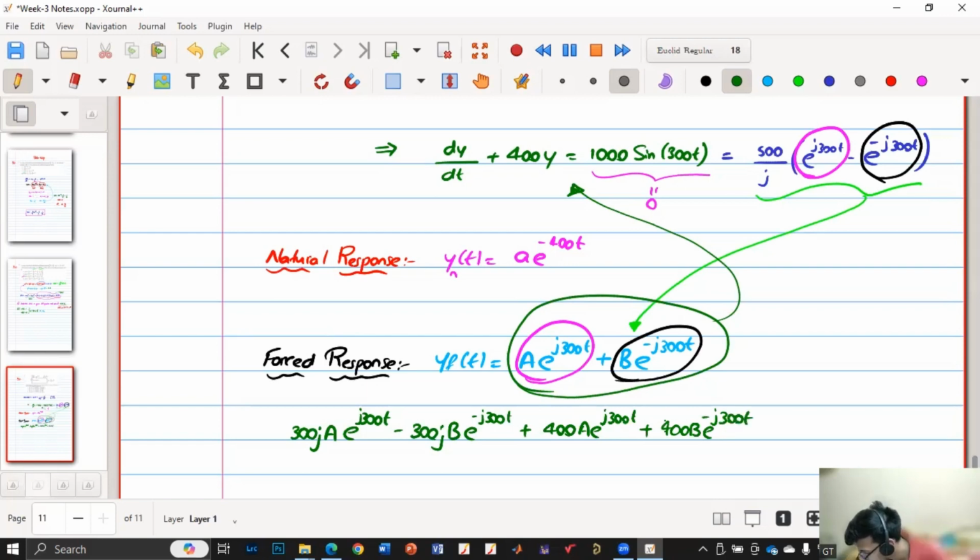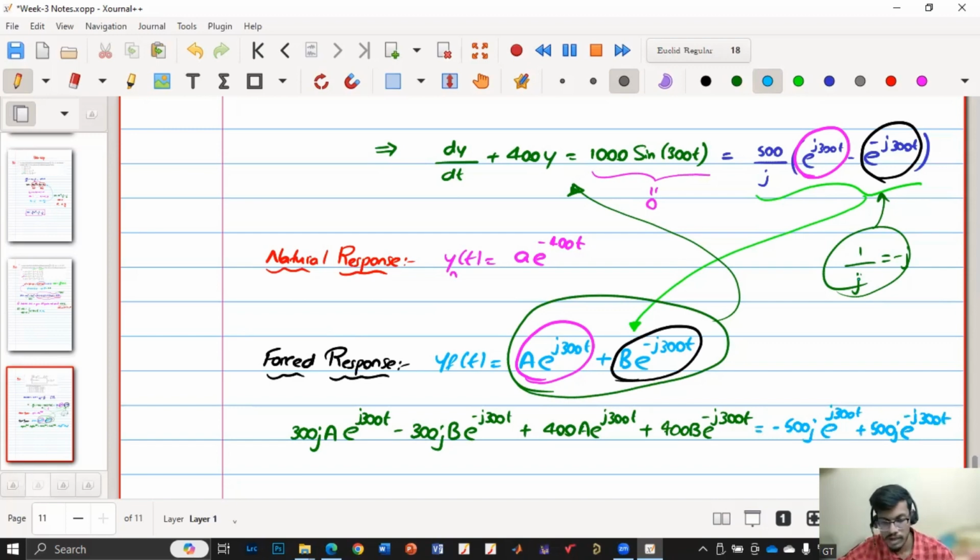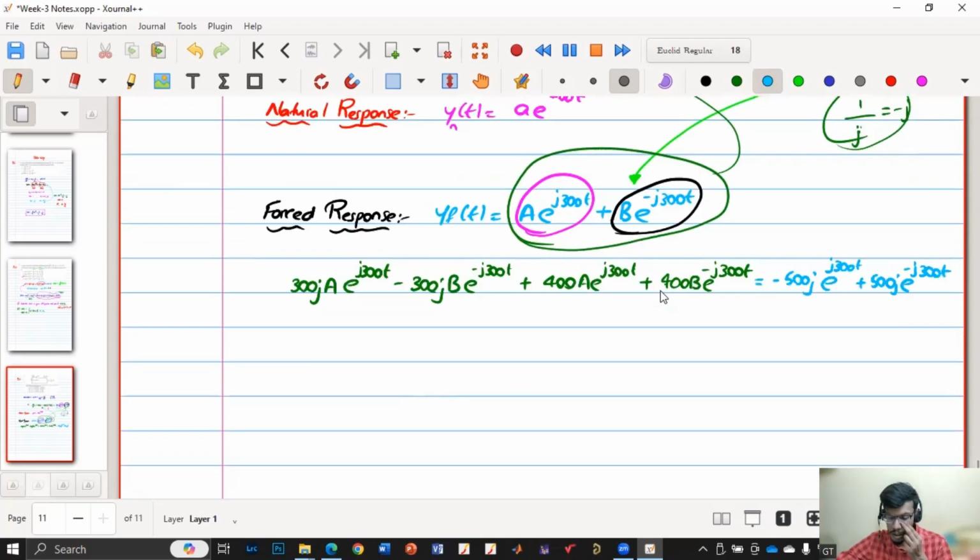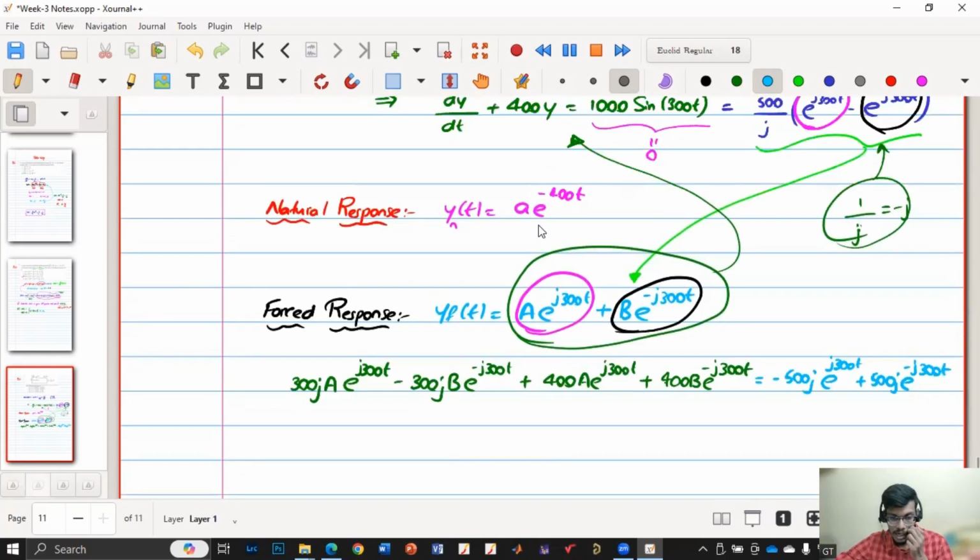I know that 1 by j is minus j. So substitute this here. So now my RHS will be minus 500j e to the power j 300t plus 500j e to the power minus j 300t. So is this fine? I have substituted here and I got this equation.